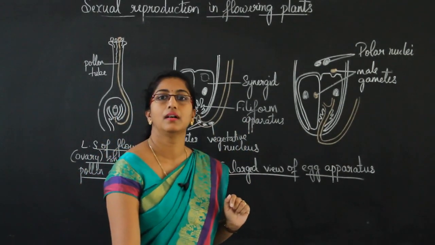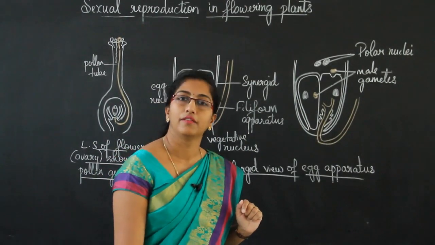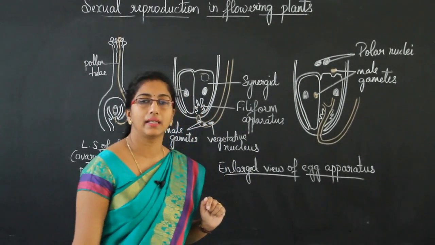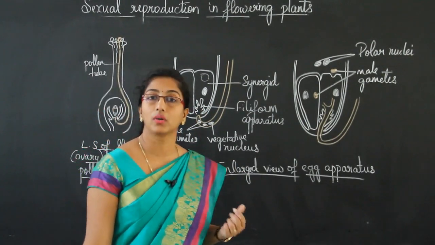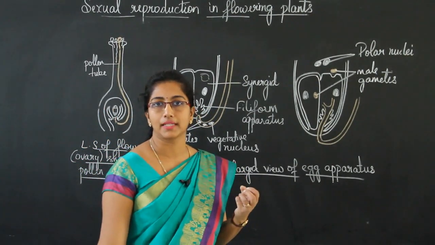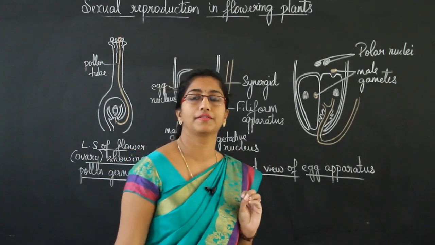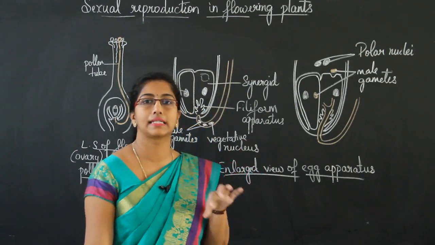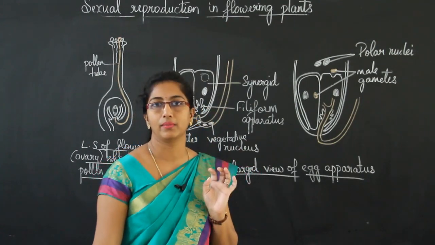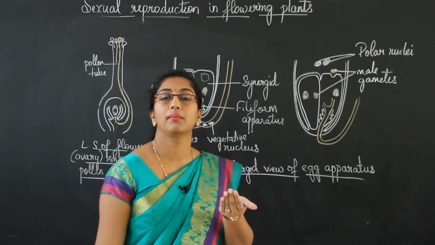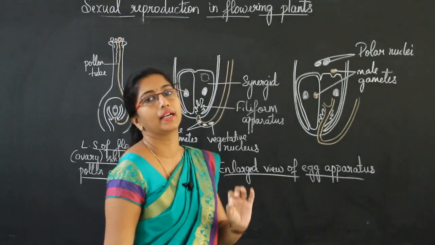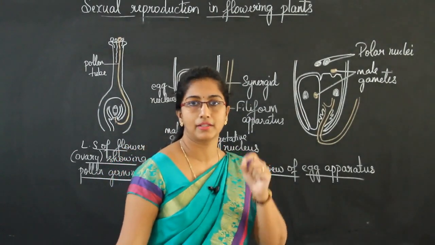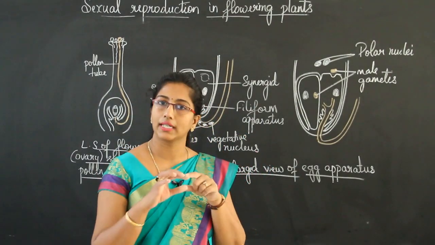Now this germination of pollen grain, we can very easily see by using some common flowers like vinca or crotalaria. We can collect the pollen of these flowers and take a slide. We need a medium in which we can artificially make the pollen grains produce the pollen tube. So we take a 10% sucrose solution on a slide.